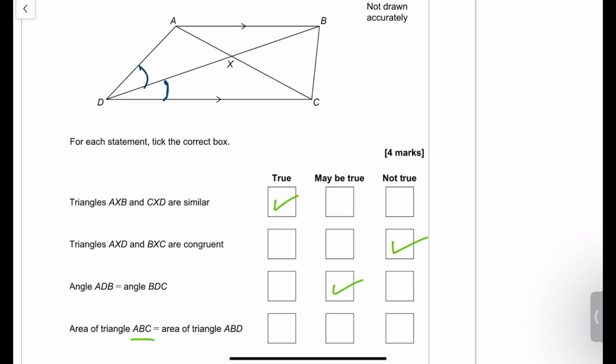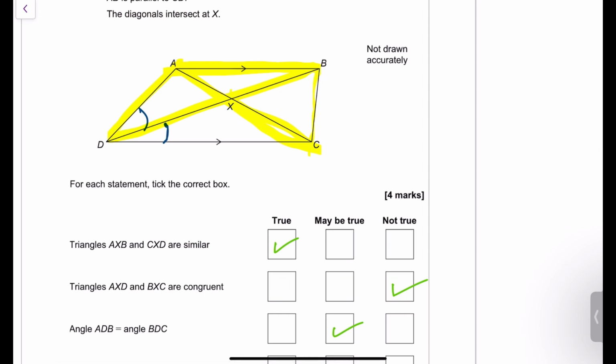And the area of the triangle ABC, right, where's ABC? Area of the triangle ABC equals the triangle ABD. Oh, it is. Yep, it is.